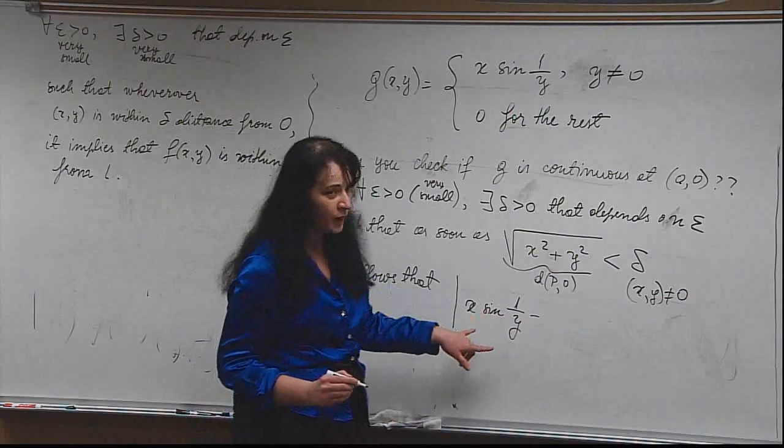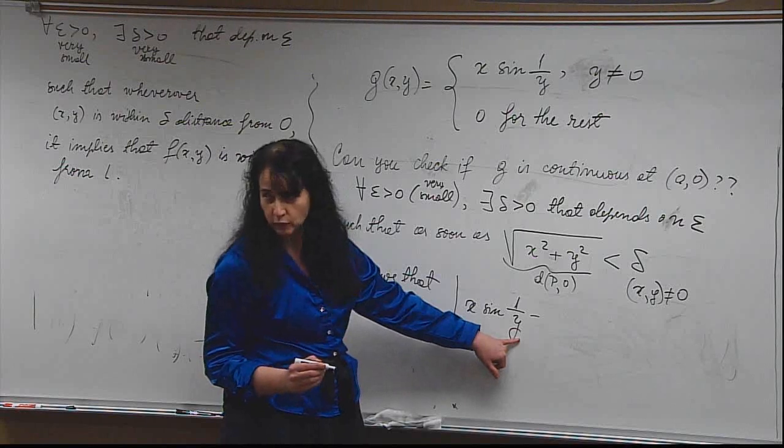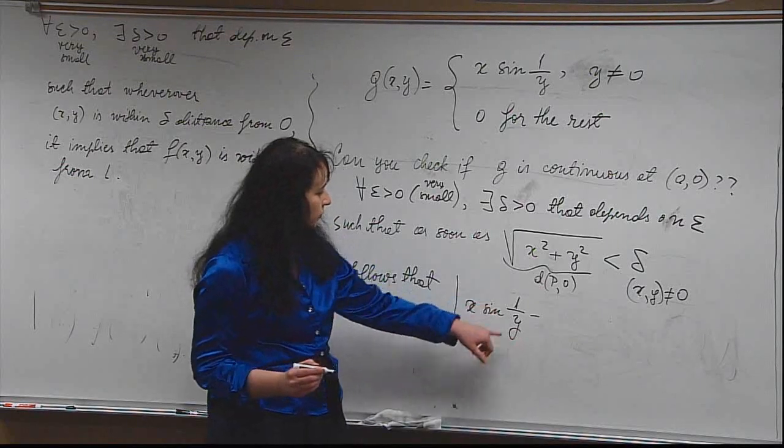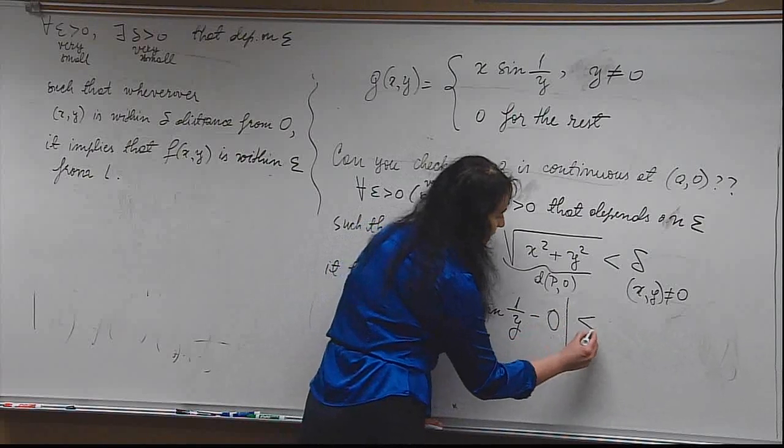I'm careful here because if y is 0, then I blow up. I don't want to blow up. So x sine of 1 over y minus 0 is less than epsilon.